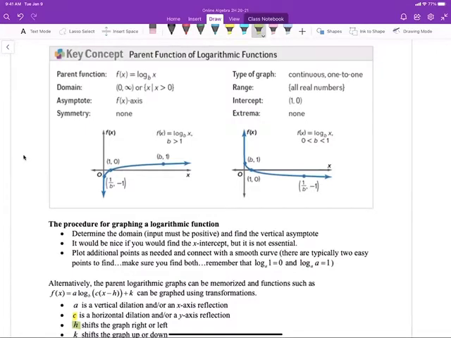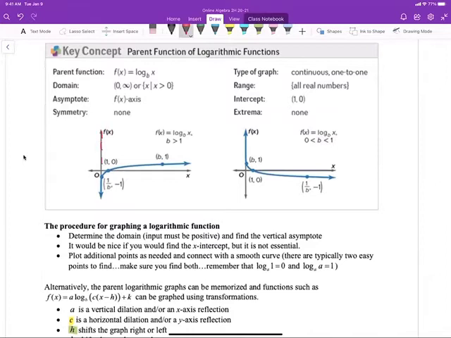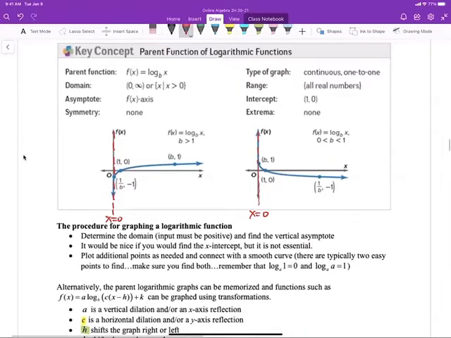The first thing I would like to point out is that they have a vertical asymptote at x equals 0. Both of these graphs have a vertical asymptote at x equals 0. Recall that logarithmic functions are the inverse function of our exponential function, and exponential functions have a horizontal asymptote at y equals 0.